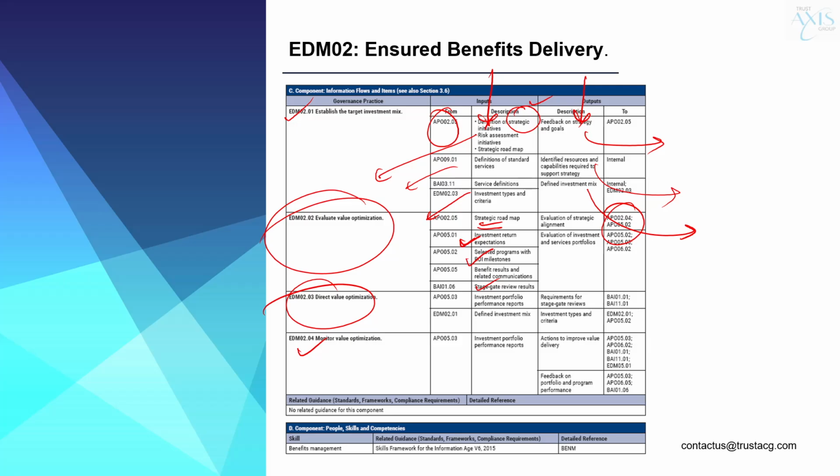Okay, as an outcome, you can define the actions as a board that can be leveraged to improve the value delivery, and you can also provide feedback after you implement this practice on the portfolio and program performance, for refinement and course correction. Okay. So this continuous monitoring ensures that there is always transparency, accountability and learning, which can help the organization refine its investment strategy over a period of time.